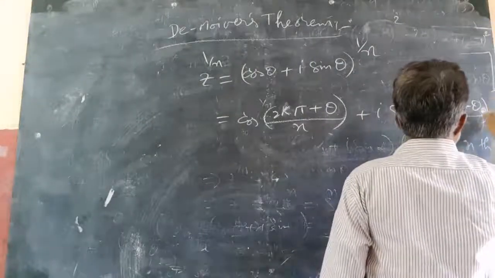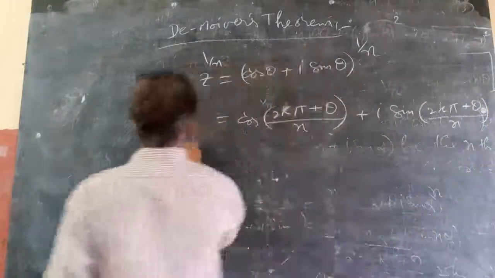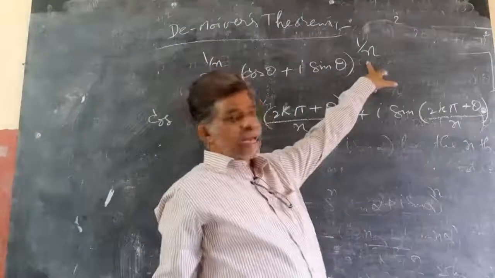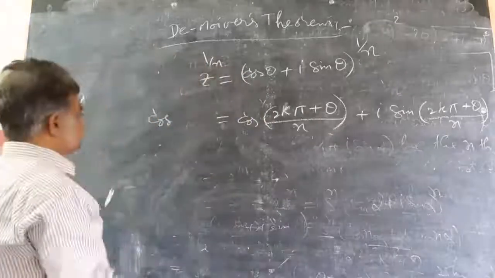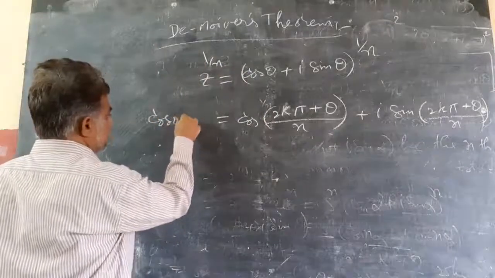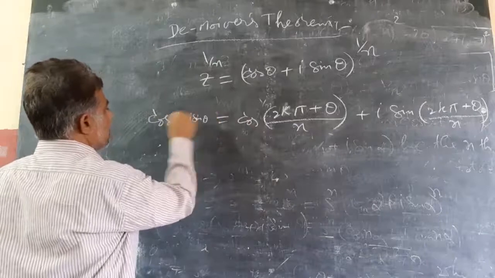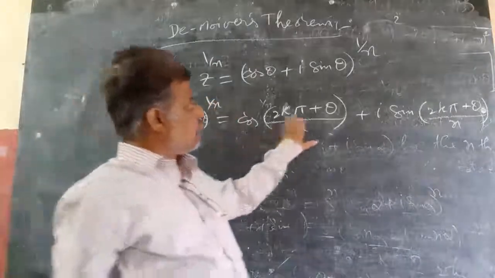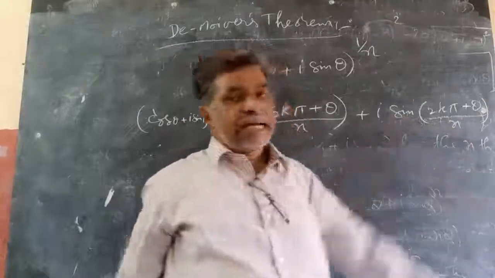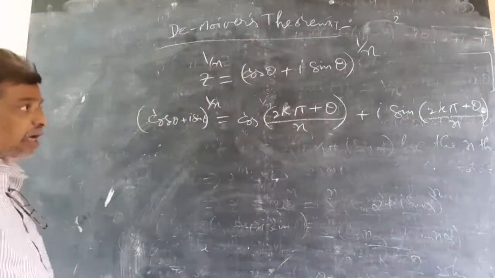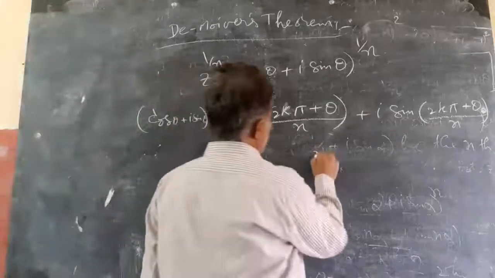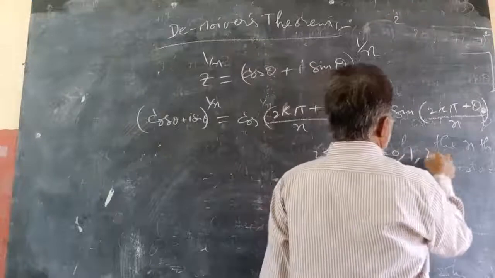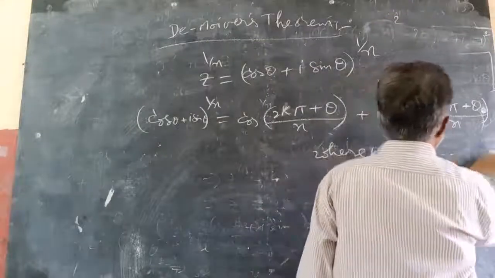Same as previous, this is De Moivre's theorem for rational index. So cos theta plus i sin theta whole power 1 by n equal to cos of 2k pi plus theta by n plus i sin of 2k pi plus theta by n, where k equal to 0, 1, 2 and so on till n minus 1.